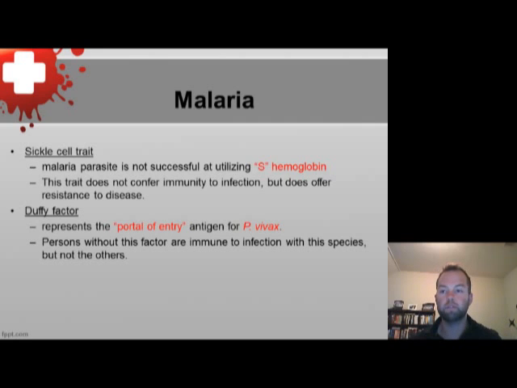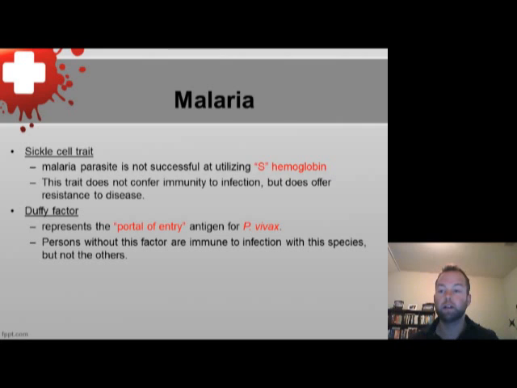Malaria isn't capable of utilizing that S hemoglobin in the growth and development stage of the erythrocytic cycle of infection, thus allowing a bit of resistance. It does not provide immunity. You are still capable of being infected by malaria in the exo and erythrocytic cycles, but the parasite isn't capable of using that defective hemoglobin.